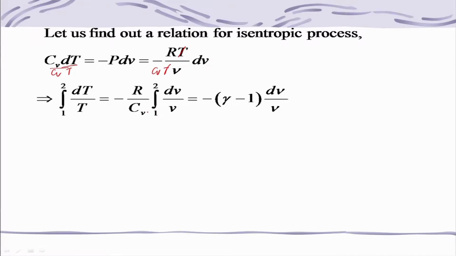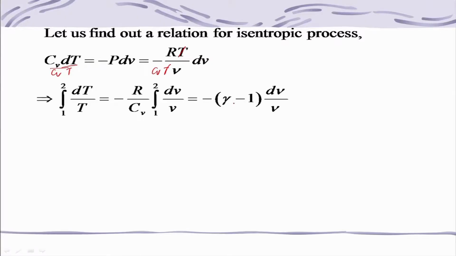If you integrate between state 1 to 2, you will get it very easily, and R by Cv you can take out, since it is not changing with respect to volume. We know that Cv is equal to R divided by gamma minus 1, so R by Cv is nothing but gamma minus 1.